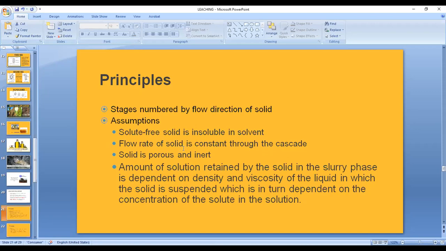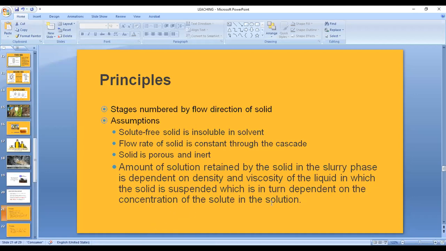For leaching to occur, your solid has to be first and foremost porous. That way, your solvent should be able to take out the solute. Now, the amount of solution retained by the solid in the slurry phase is dependent on the density and the viscosity of the liquid in which the solid is suspended.